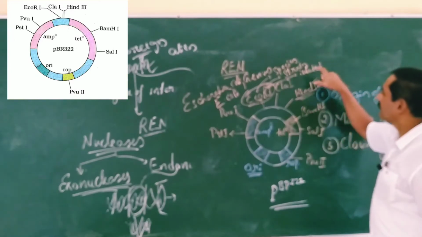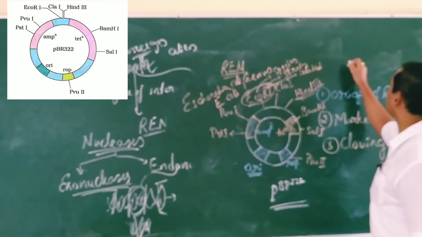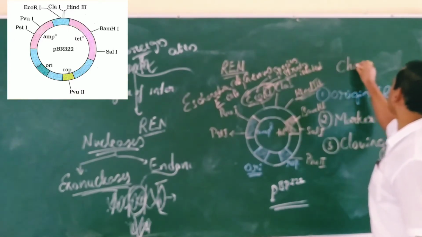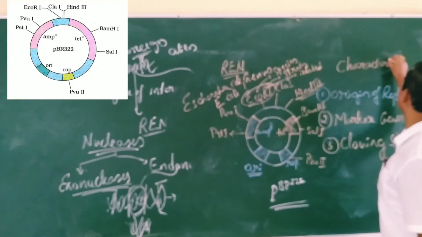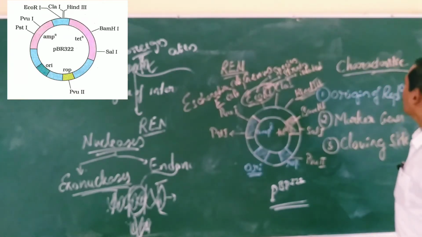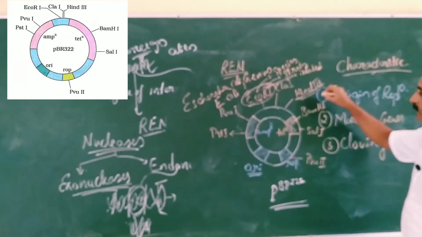An ideal plasmid should have these characteristics. Characteristics of an ideal plasmid vector.